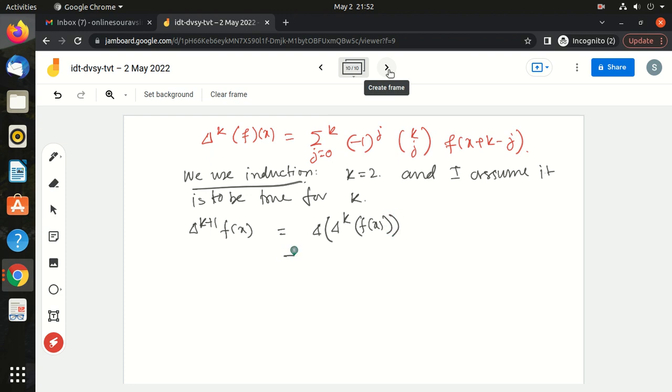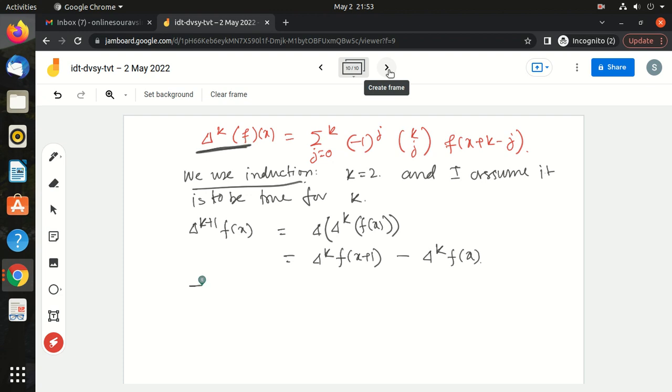This is actually delta k of f of x plus 1 minus delta k of f of x. Now I'll put the value of delta k here.